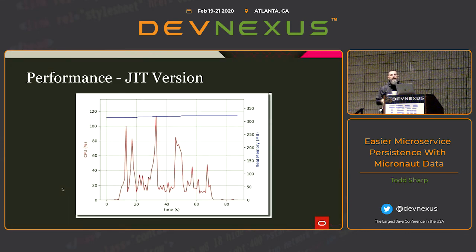So I created this very simple app, not this one that we're looking at, but a while back I created a very simple Hello World Micronaut app, and I did a load test on it. So I sent like 500, 1,000 users, and I did it over 60 seconds. And this graph using the just-in-time compiler should look probably familiar to you if you've done any Java profiling or anything like that. You see some massive spikes.